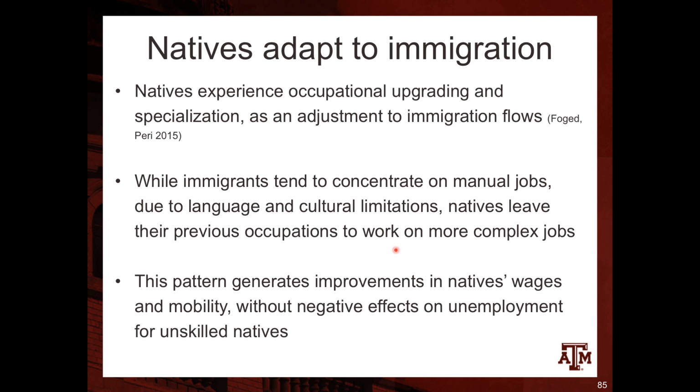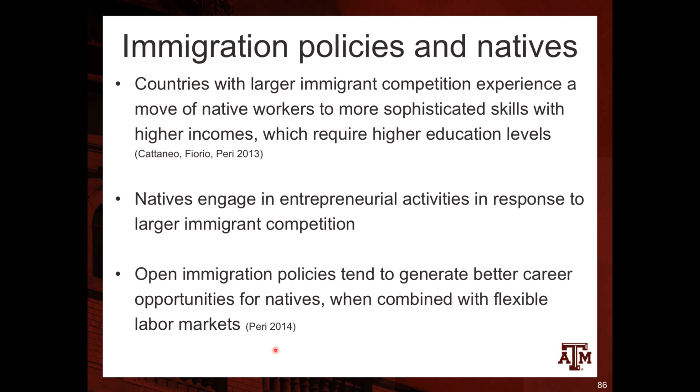So maybe in the short term, natives might experience unemployment increases because of increases in immigration, but then they tend to go into more specialized occupations and have an upgrade in their occupation and get more complex jobs, and in the mid and long term they tend to have better earnings. So this pattern generates improvements in native wages and mobility without negative effects on unemployment for unskilled natives.